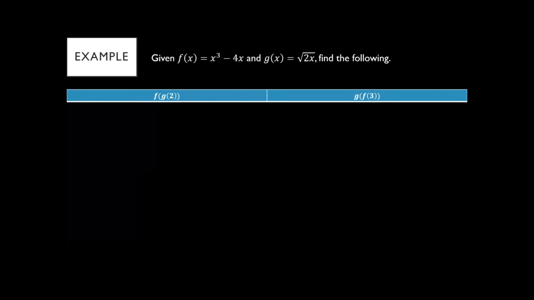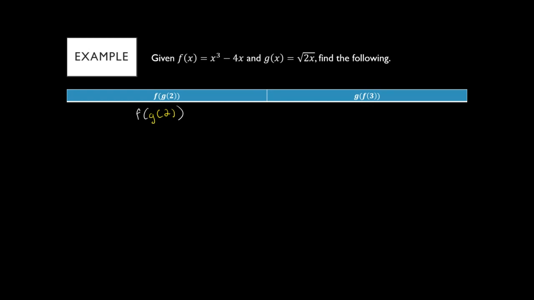So when you're simplifying these things, you are basically following the order of operations. Everything goes back to the order of operations, and we work inside out. So when you see f of g of 2, you need to first do the inside, which is g of 2. So you need to figure out what is g of 2.